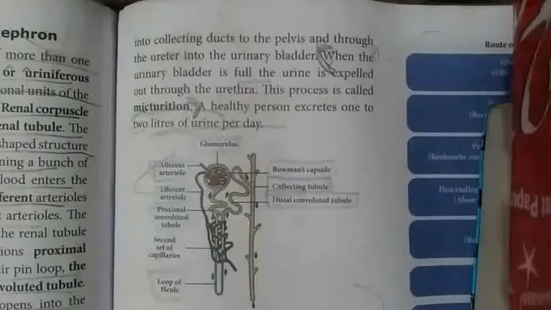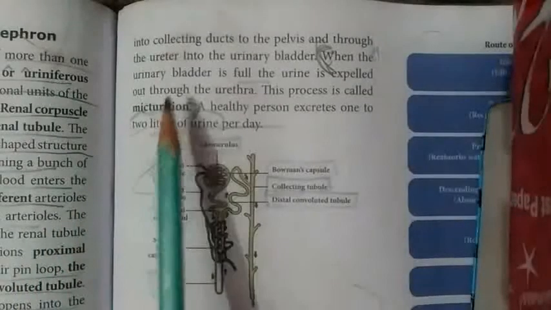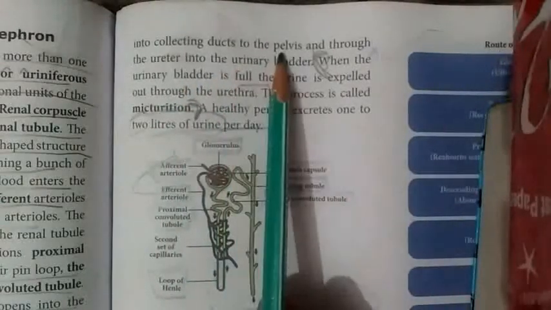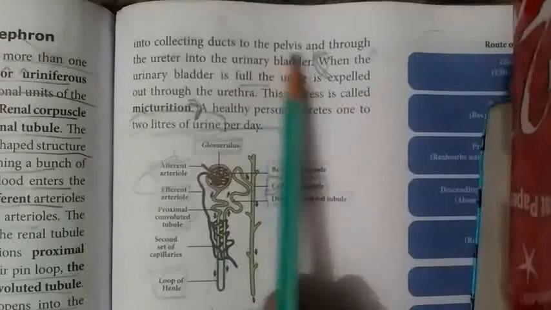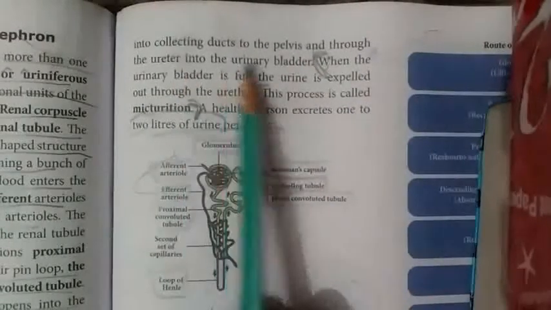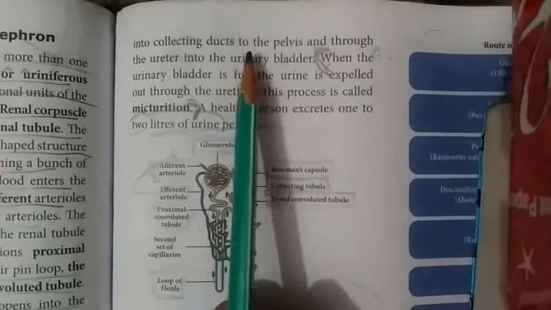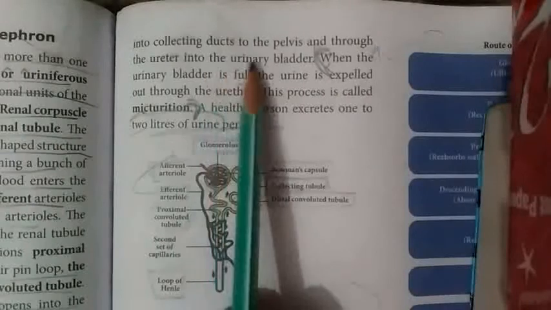Finally, at the last stage, urine passes into the collecting ducts, to the region of the pelvis, through the ureter and into the urinary bladder.